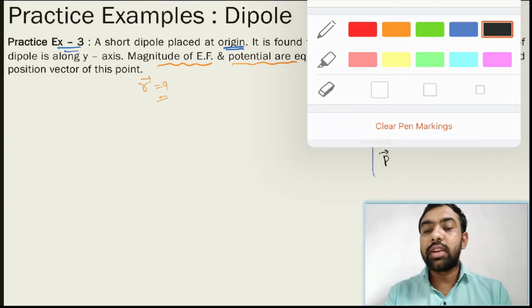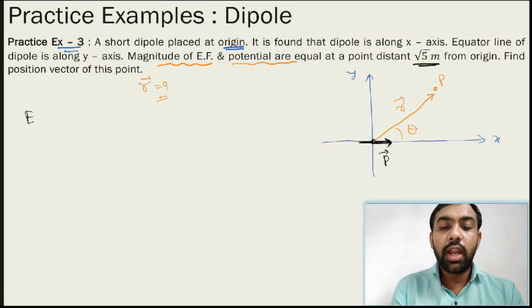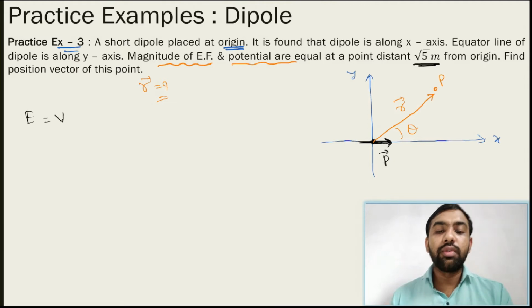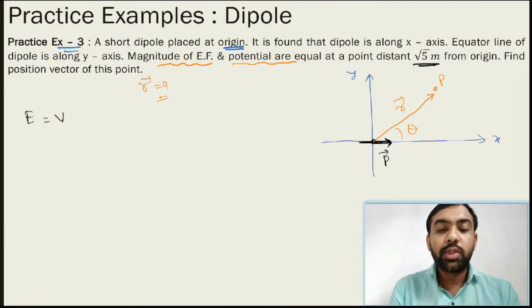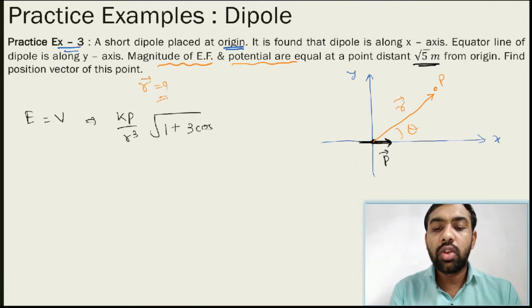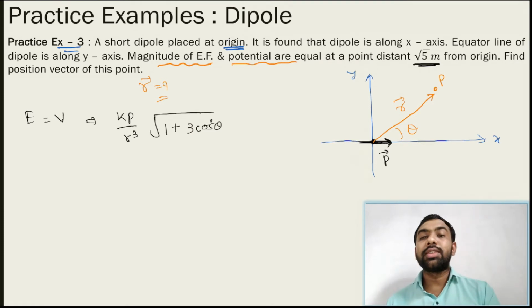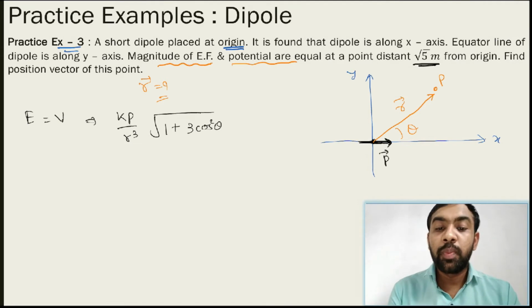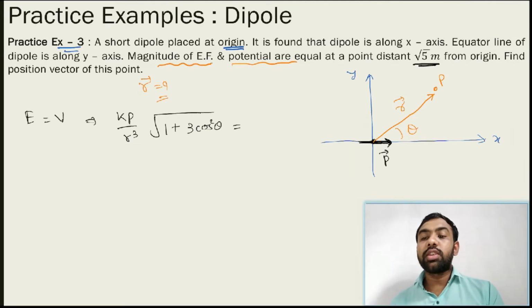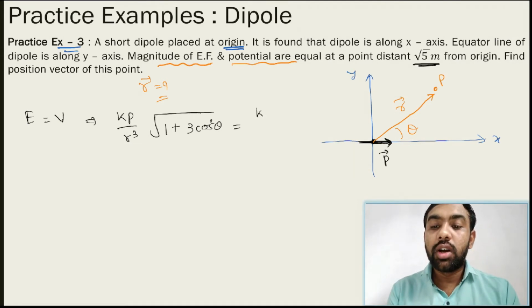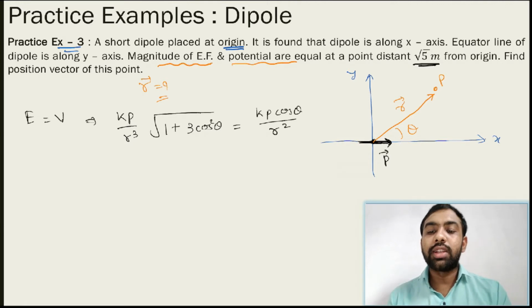So let's take E at a general point equal to V at a general point due to the dipole. What is E at a general point? Kp upon R cube under root 1 plus 3 cos square theta, that is the general point electric field for the dipole, as we discussed in the previous session. And the potential at a general point is Kp cos theta upon R square.